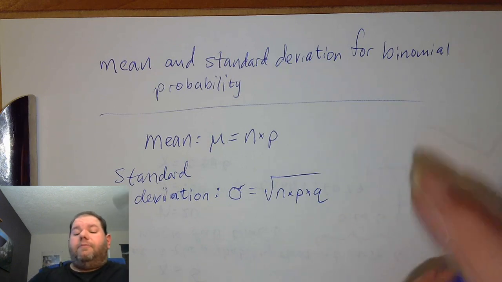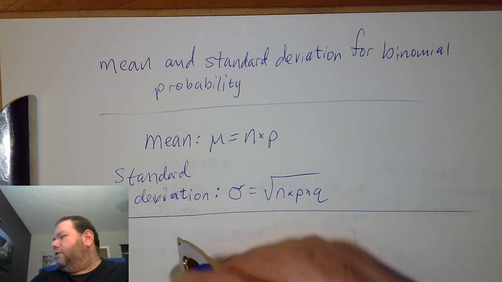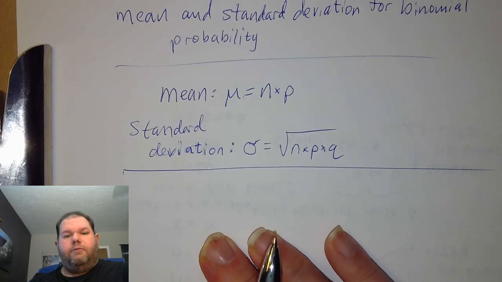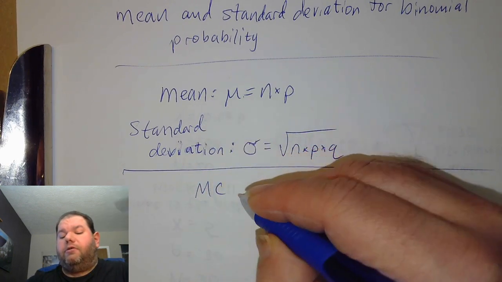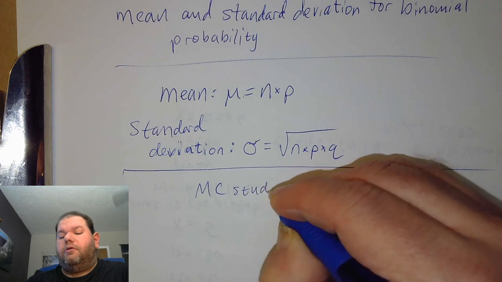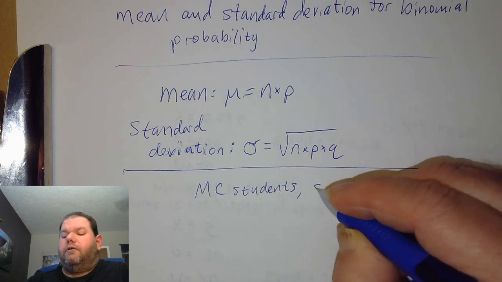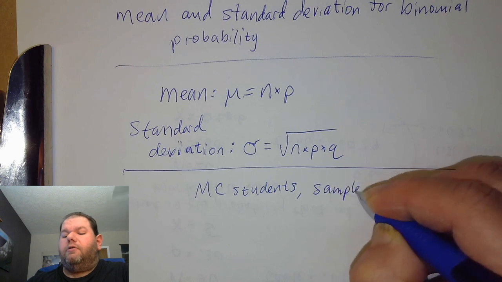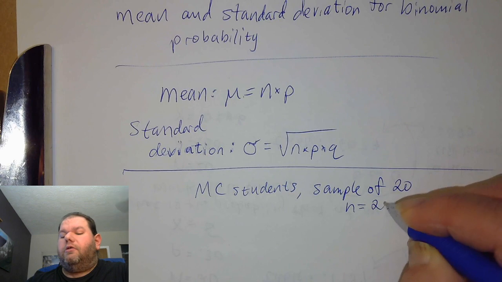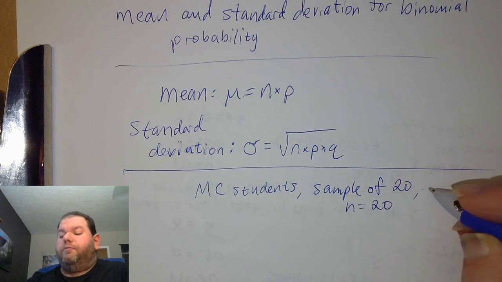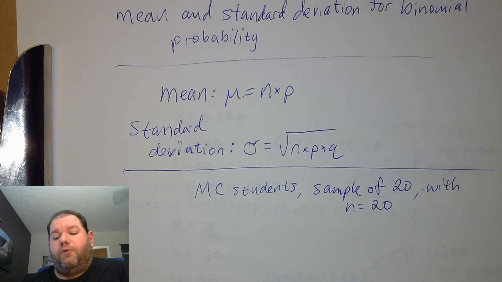Alright, so let's go back to our example where we had our MC students, where we had a sample of 20, with 30% probability of working full-time.